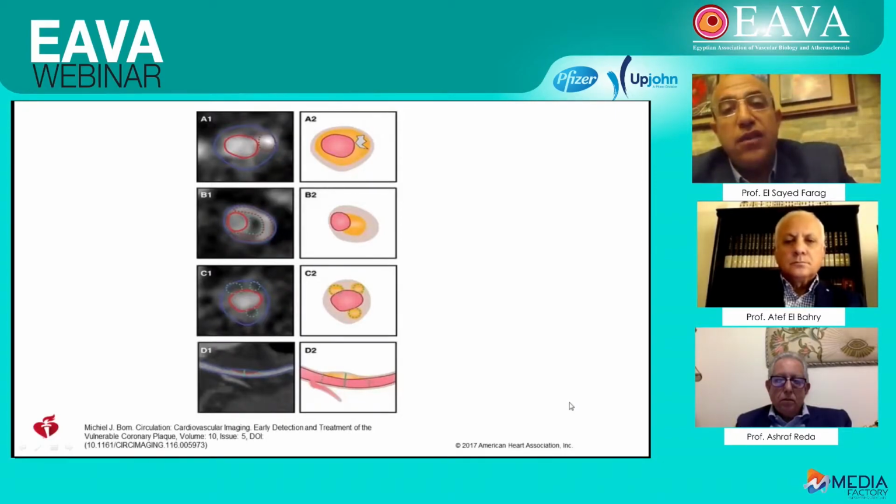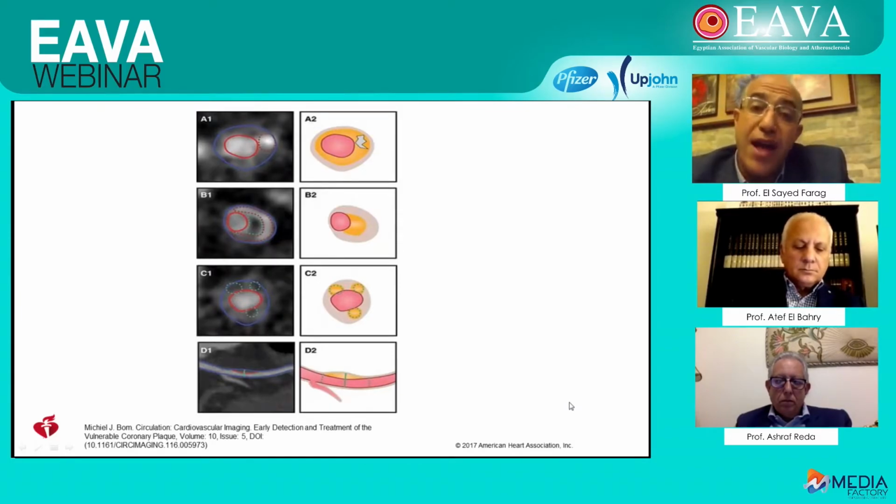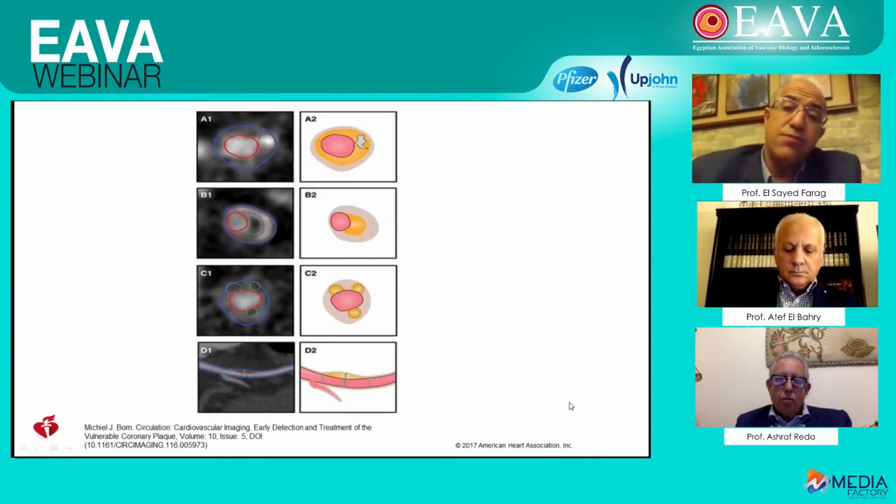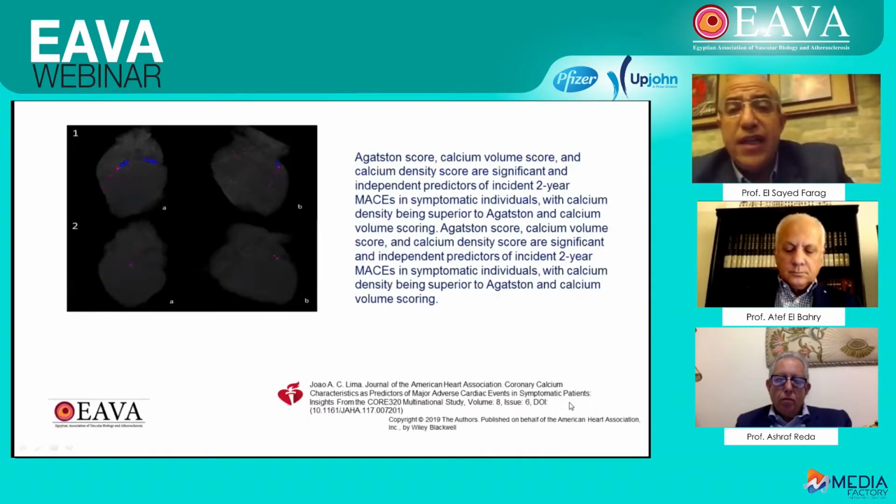Again, there is another modality which came to the stage, which is the CT. By using the CT, we can assess the areas of low attenuation, which means the lipid core, and the areas of high attenuation, which indicates fibrosis inside the plaque. But sometimes not only the calcium distribution is important, but also the calcium density.